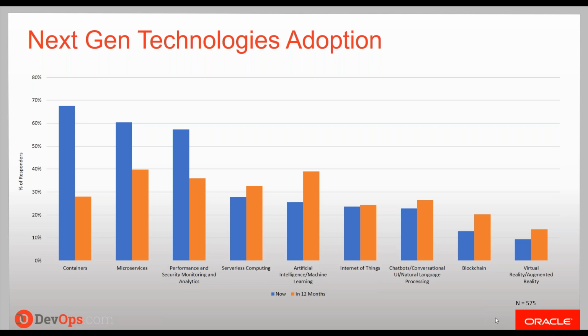Chatbots, ChatOps, about the same as IoT, maybe a little bit more upside. Blockchain, for all the buzz and the noise and the bubble around this crypto stuff, again, relatively low adoption numbers. And then maybe this was suspected, maybe not, but virtual reality and augmented reality are well down there, barely a blip.